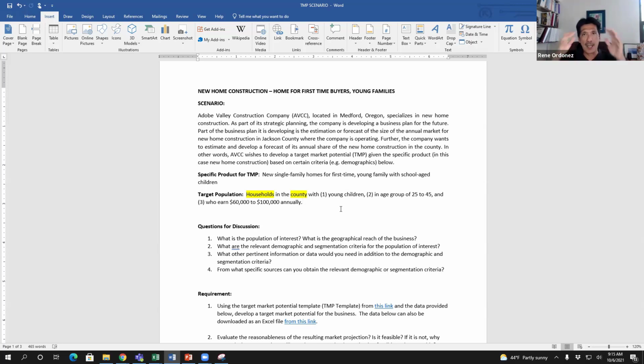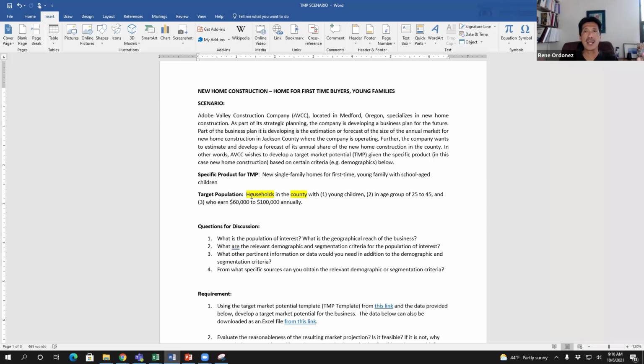So we talk about the geographic reach of your business, defined further as households with young children in the age group of 25 to 45 and earning between this annual income.